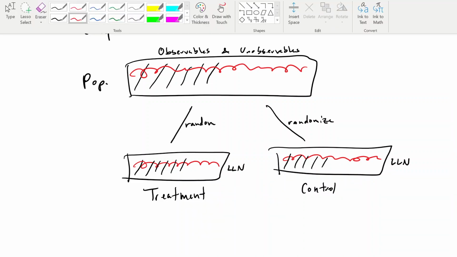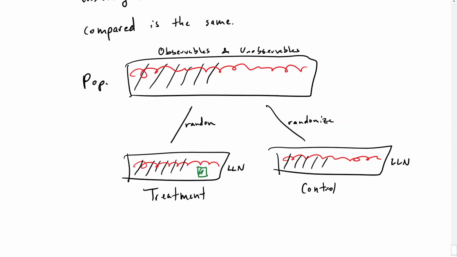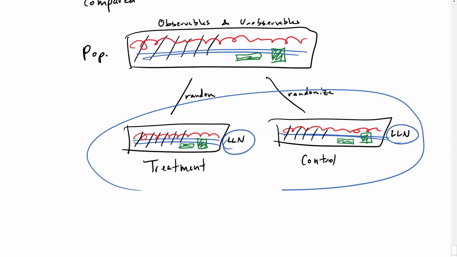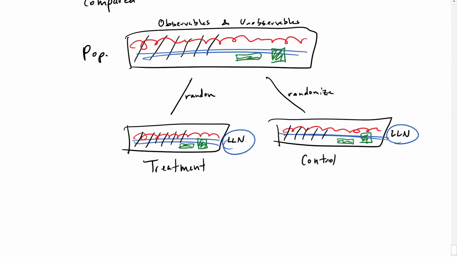But with a large enough sample, these could be age, race, gender, all sorts of demographic variables, all sorts of educational variables, economic variables. But essentially, with the law of large numbers, these treatment and control groups both will resemble the underlying population.